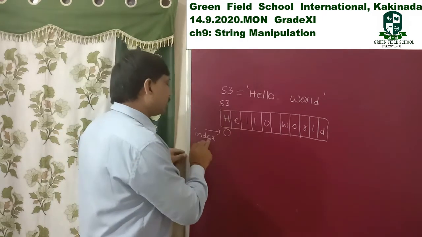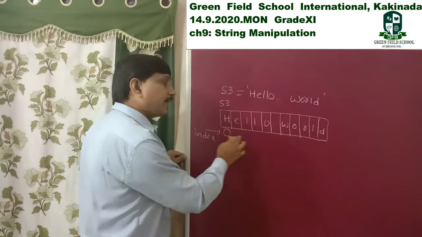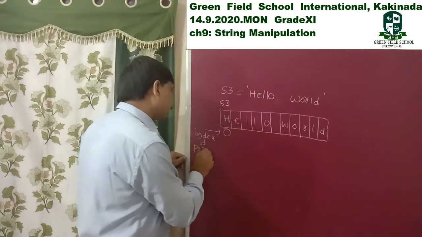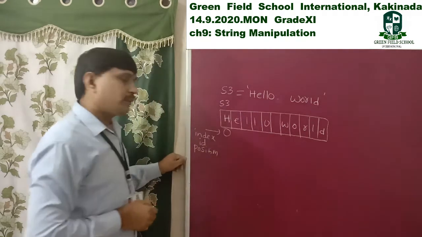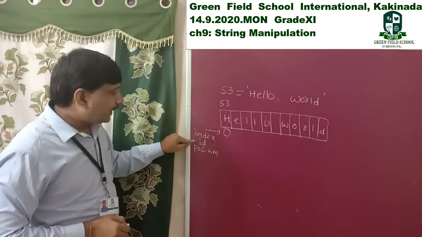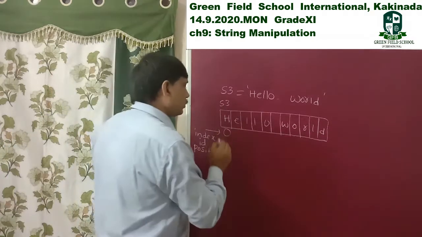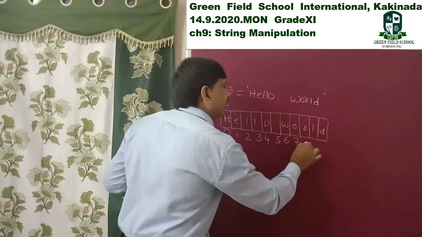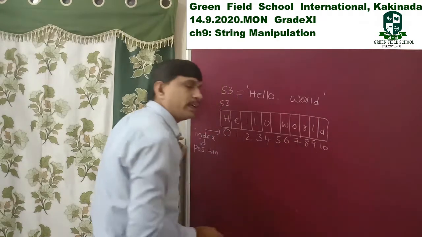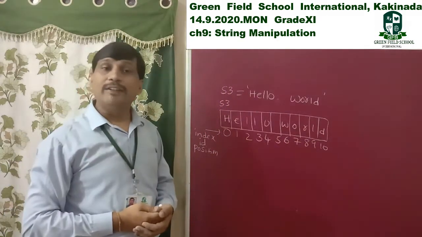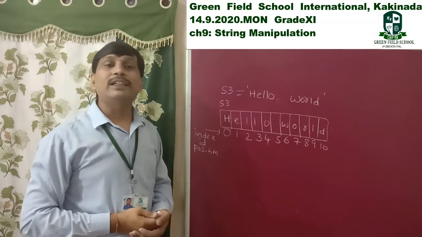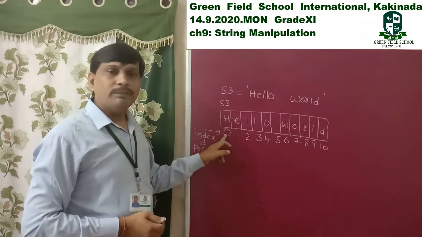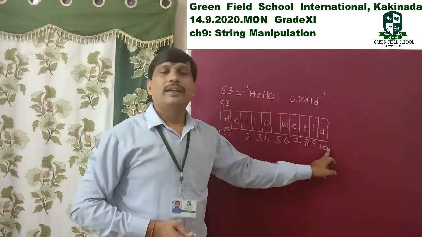See, observe here, this is called the index. I write here index or ID or position: 0, 1, 2, 3, 4, 5, 6, 7, 8, 9, 10. Total how many characters? 11 characters. You know very well, every sequence starts from 0 to n minus 1.